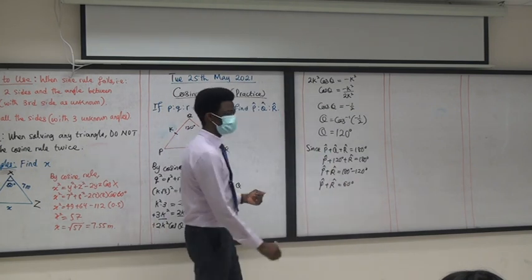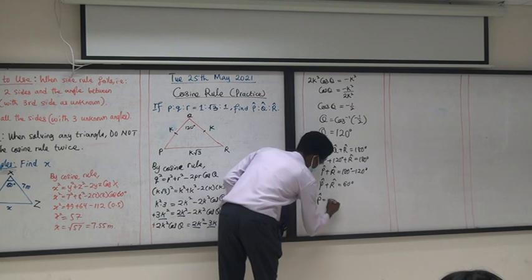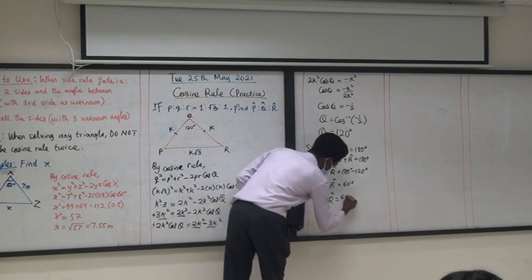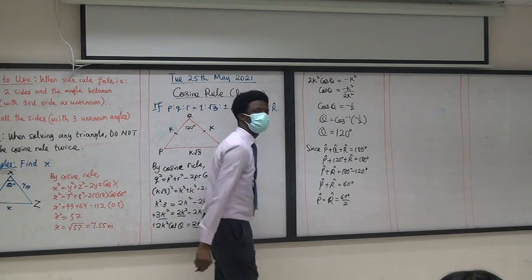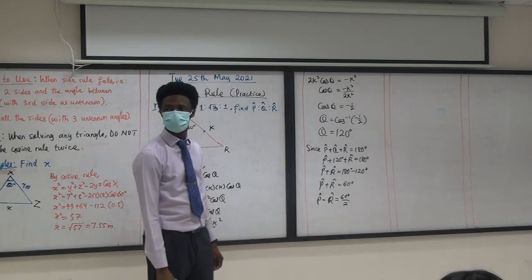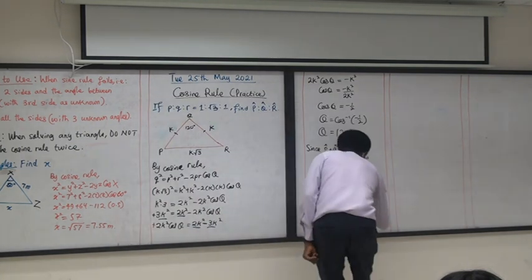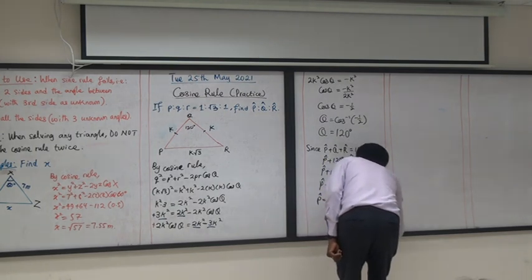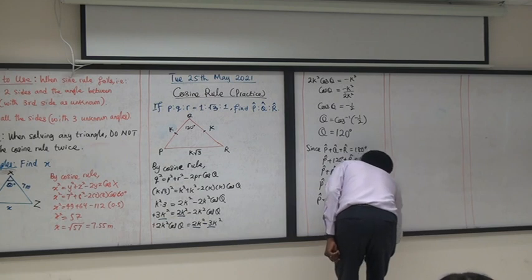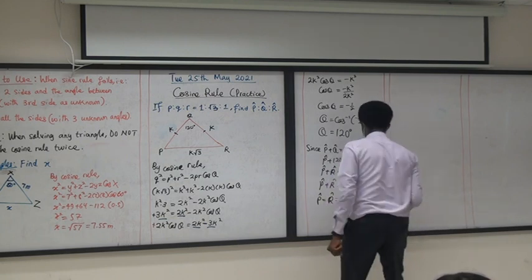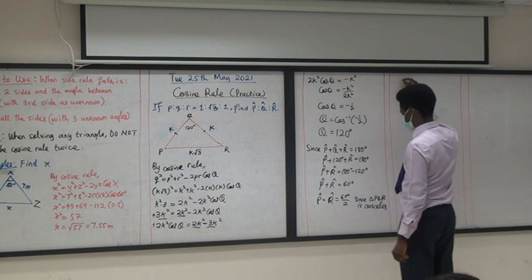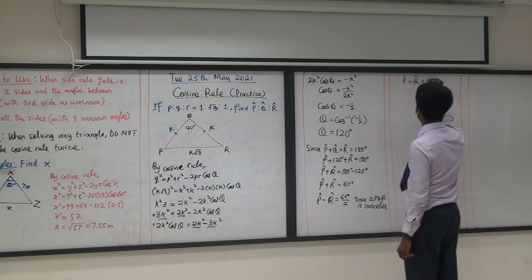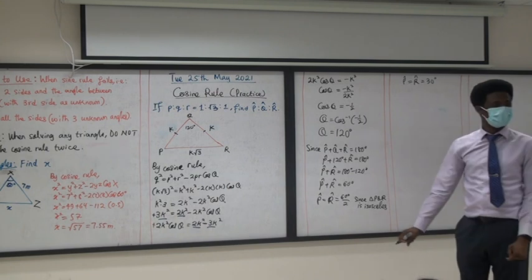And this is an isosceles triangle, so angle P must be equal to angle R, which is 60 degrees divided by 2. Since triangle PQR is isosceles, therefore angle P is equal to angle R is equal to 30 degrees. No need for sine rule or anything.